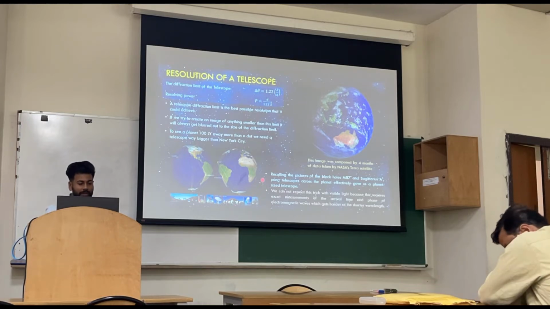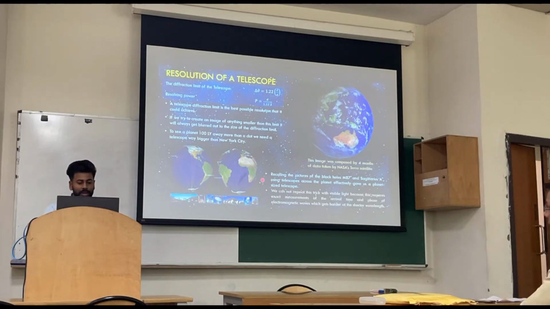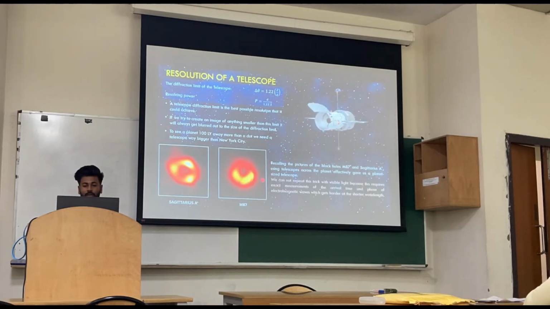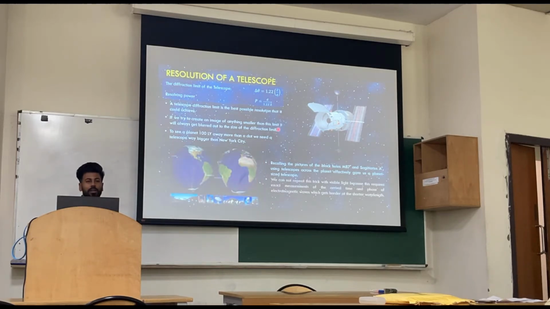To see a planet 100 light years away as more than a dot, we need a telescope way bigger than New York City. So it is always about the size of the telescope. If we are talking about size, let's recall the picture of the black hole in M87. Using telescopes across the whole planet gave us a planet-sized telescope, which is called the Event Horizon Telescope.